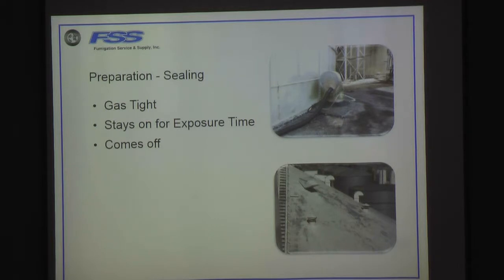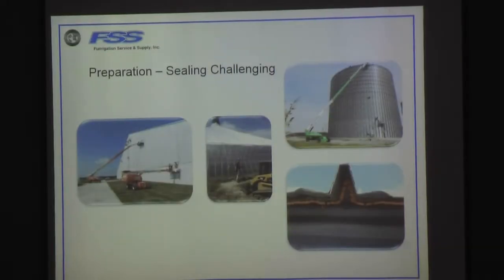So getting it to come off, we use some special tapes and adhesives that we found work really well under all our conditions. There's going to be a lot of challenging sealing that needs to happen. A lot of aerial lift work, tall lift work, dirty areas where it's not easy to seal, but it's important to seal. And depending upon the structure, there are some challenges with getting grain bins sealed up to where they're tight.